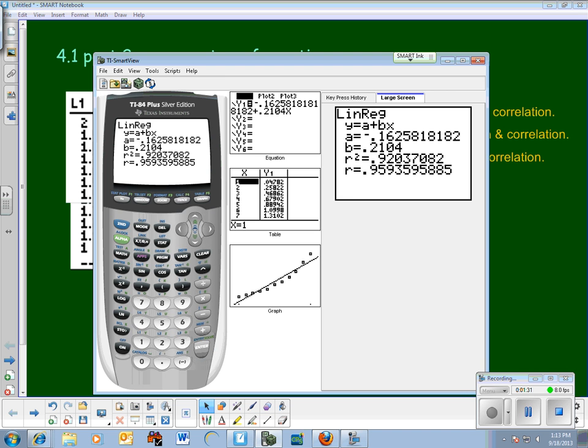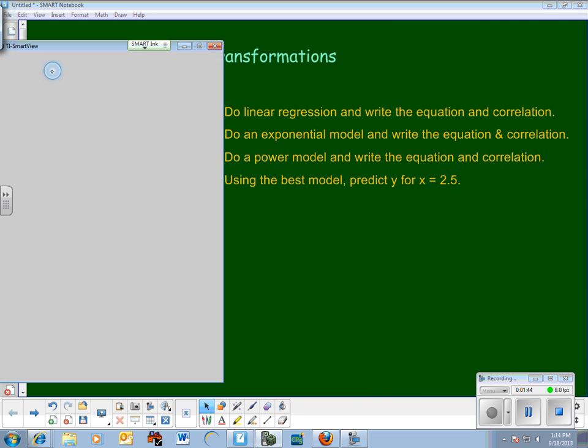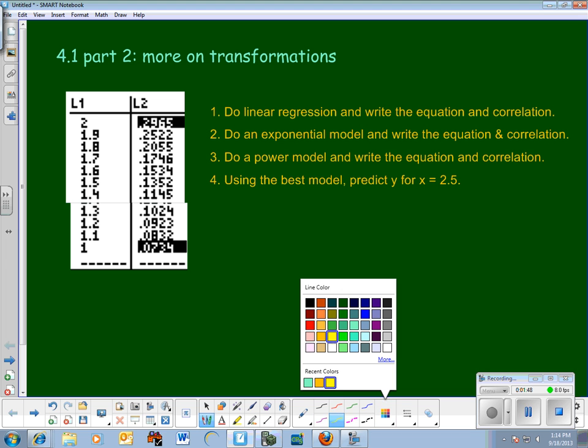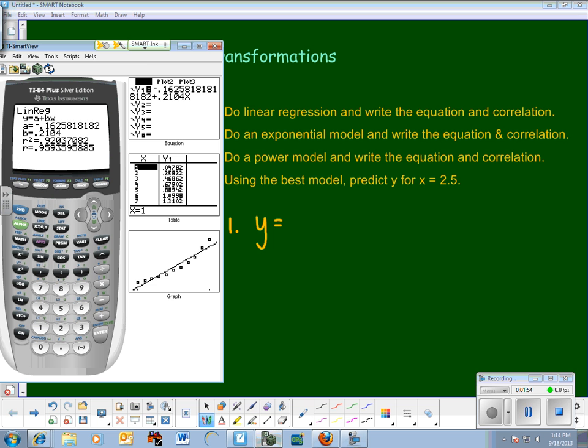Okay, so you can see the line has shown up in my graph. You can see my correlation, it's 0.959, and my equation would be y equals negative 0.16 plus 0.21x.